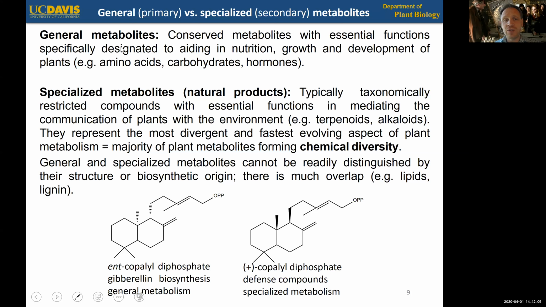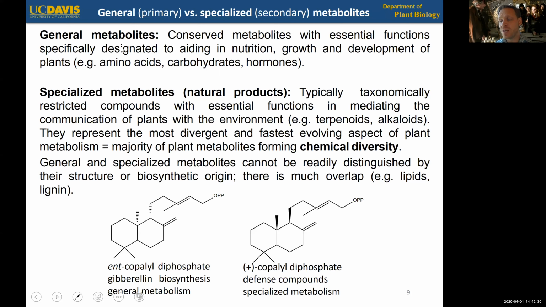And in addition to that, their major role really is to mediate communication of plants with their environment. That can be cooperative or defensive, but this really is the key to many, many specialized metabolites, that their role is environment dependent and mediating that communication.